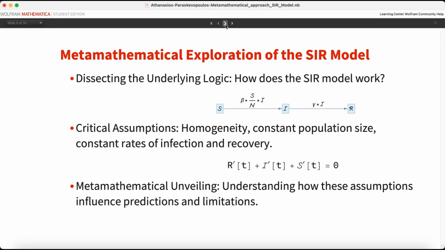That's called the recovery rate. Even though these ideas sound simple, they play a big role in what the model predicts. That's why it is important to think deeply about what these ideas really mean and how they affect our understanding.